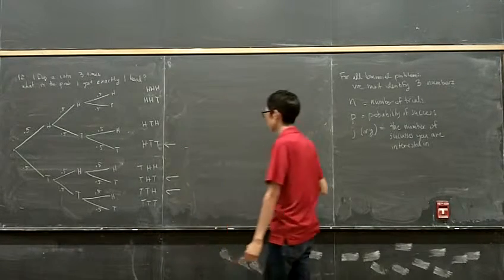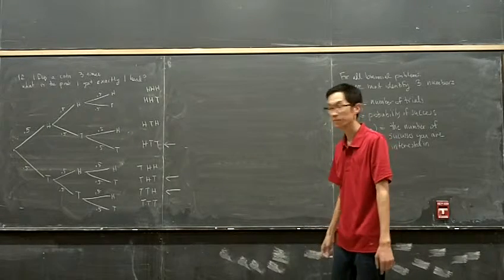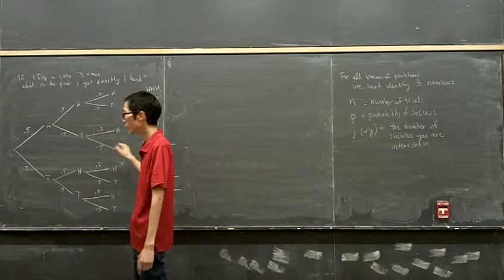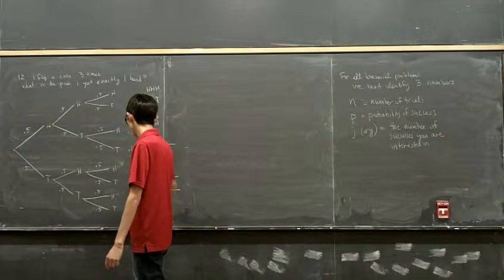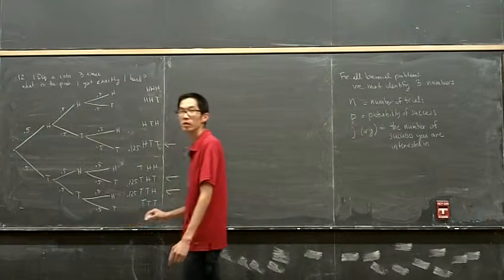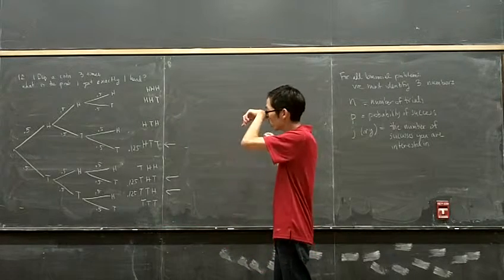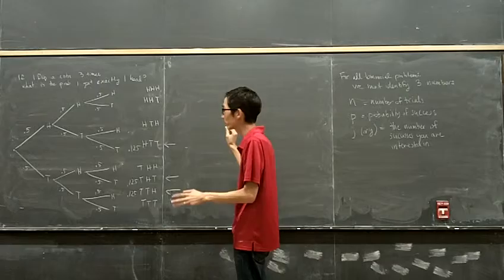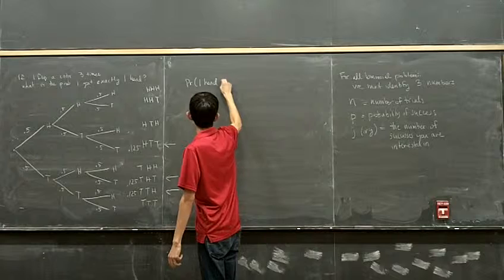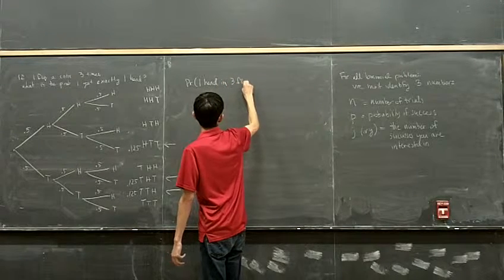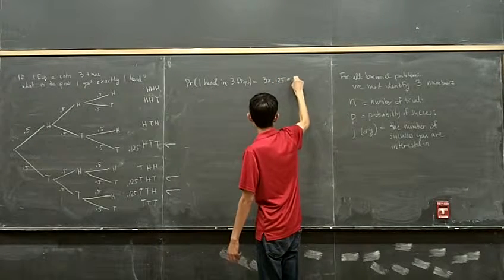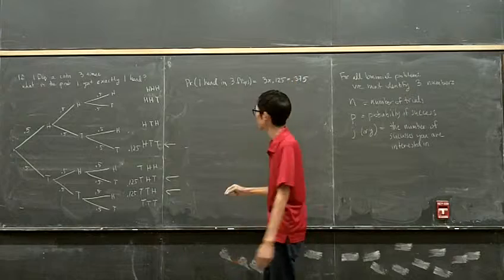And the probability of getting this exact sequence is 0.5 times 0.5 times 0.5, that's 0.125, and this one's also 0.125, and this one's 0.125. So the probability of getting exactly one head after 3 coin flips is equal to 3 times 0.125, which is 0.375.